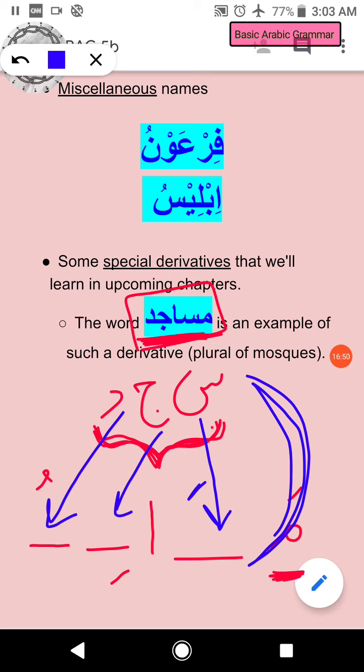It's like saying that I superimposed these root letters in this pattern. I will be discussing this subject at length in near future, inshallah, once we are done with a couple more basics, and then we are going to discuss this concept in detail, inshallah.